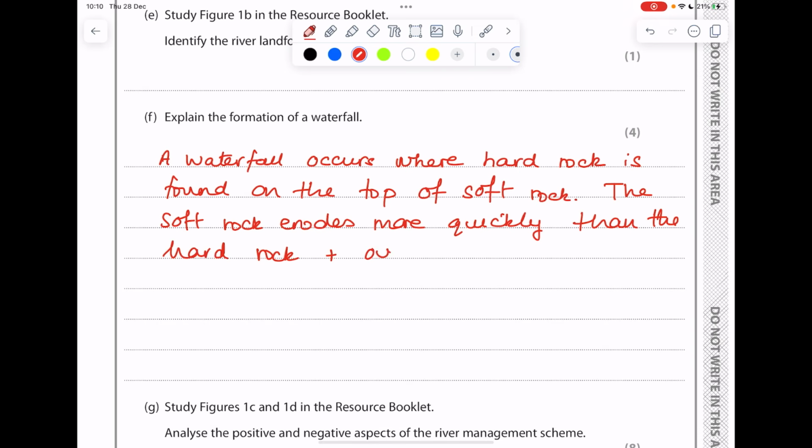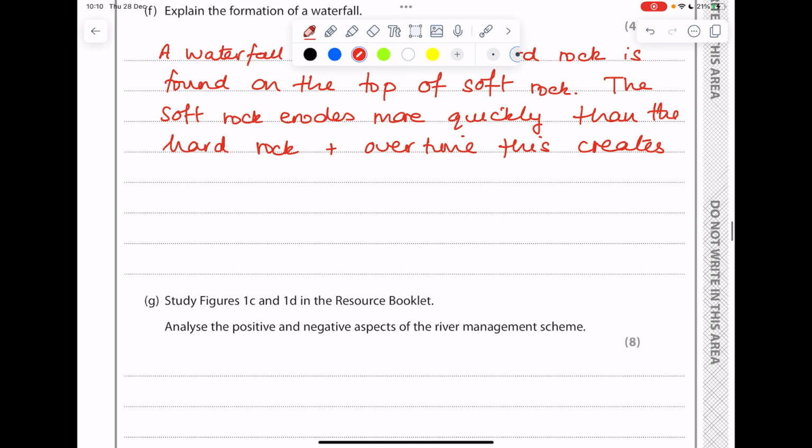And over time, this creates an overhang, which collapses as it's unsupported.